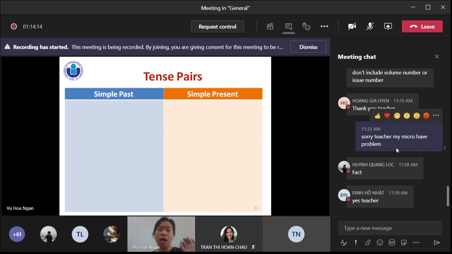So these are the uses of simple past and simple present tense in general English, but does it hold the same truth in scientific writing? Now, simple past in scientific writing describes or links to your own research. So what does that mean?